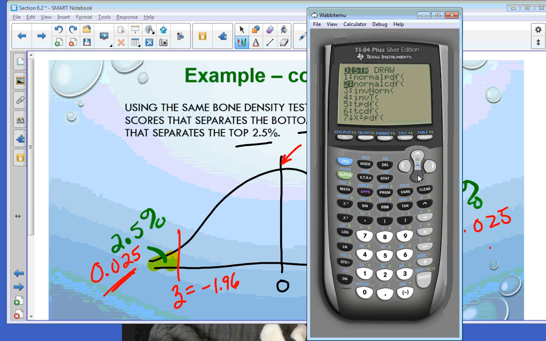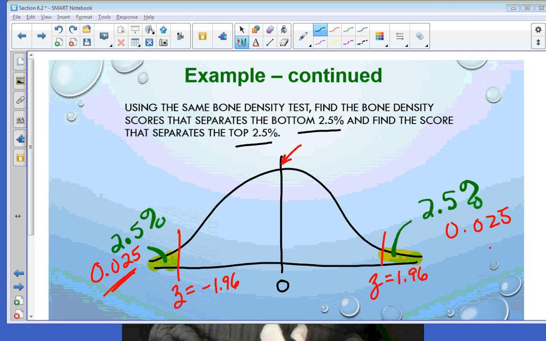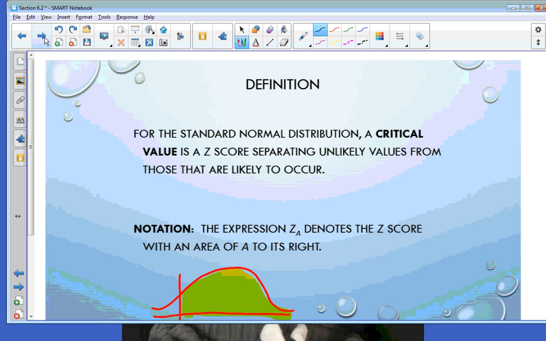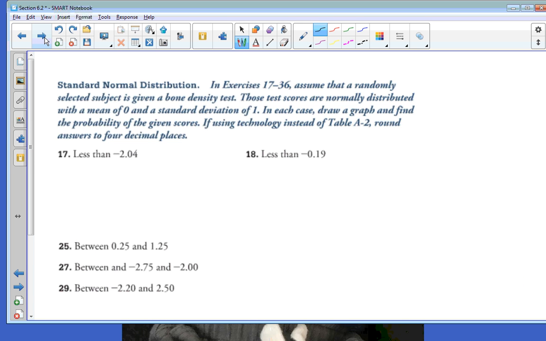We're going to come down to inverse. We're going to put the area in, 0.025. And enter, and we find it's negative 1.956.